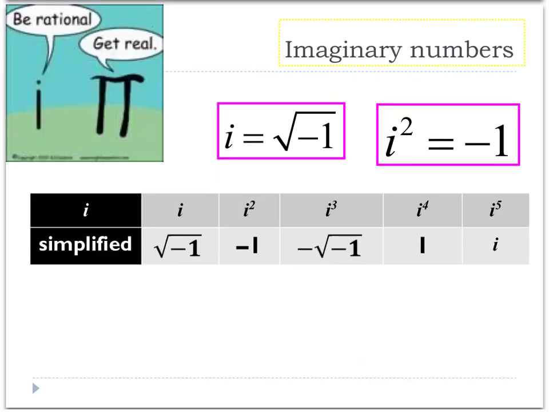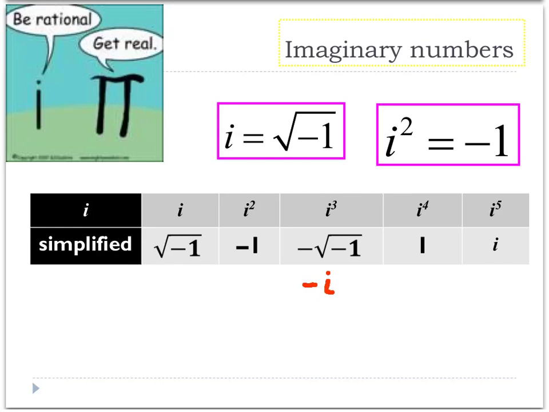Alright, so simplifying some imaginary numbers. This gets a little tricky. So anytime you see i to a power, you have to remember i is the square root of -1, but i squared is -1. So as I go up in power, you need to use these properties, okay? So i is the square root of -1, and i squared is -1. Therefore, i to the third power is the same as saying -i, okay?